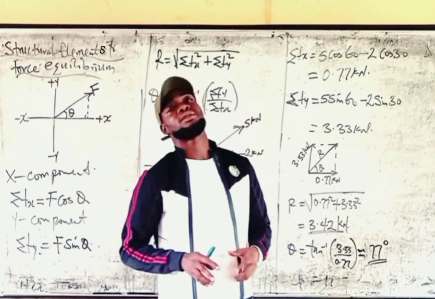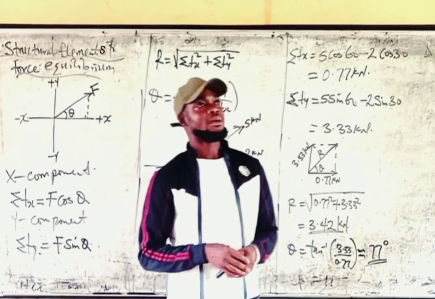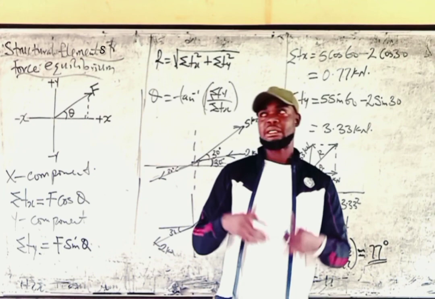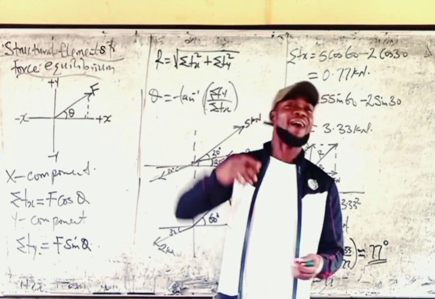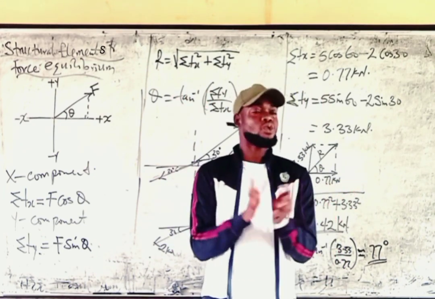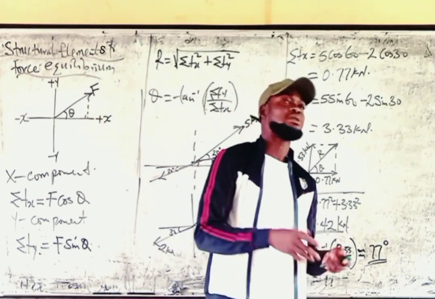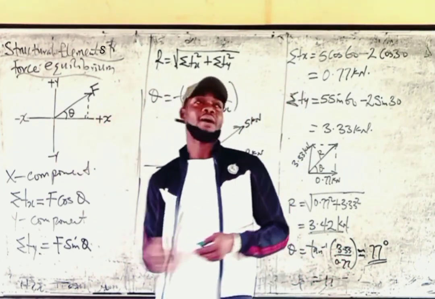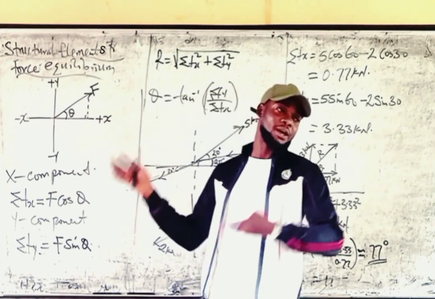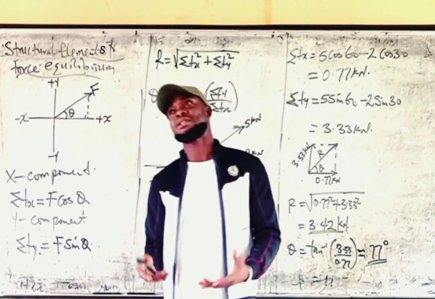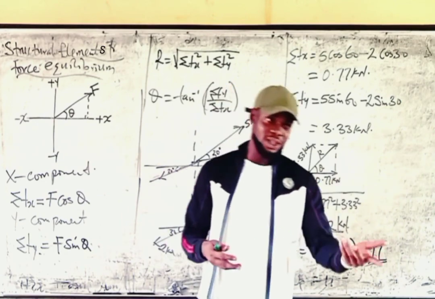If you have more than two forces, you have to manipulate them to make sure there are two. This method works for any number of forces, whether 1, 2, 3, and above. That's why you make sure it's two forces for the parallelogram.